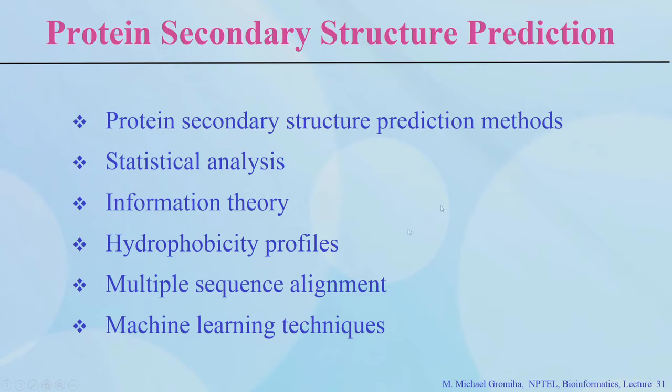Right. Then we discussed secondary structure predictions, and what are the various secondary structure predictions we discussed? Statistical analysis. How do we get the secondary structure based on statistical analysis? Based on Chou-Fasman propensities, right. The 20 residues are classified in different groups: helix former, strong helix former, weak helix former, then helix breaker, strong helix breaker, and weak helix breaker.